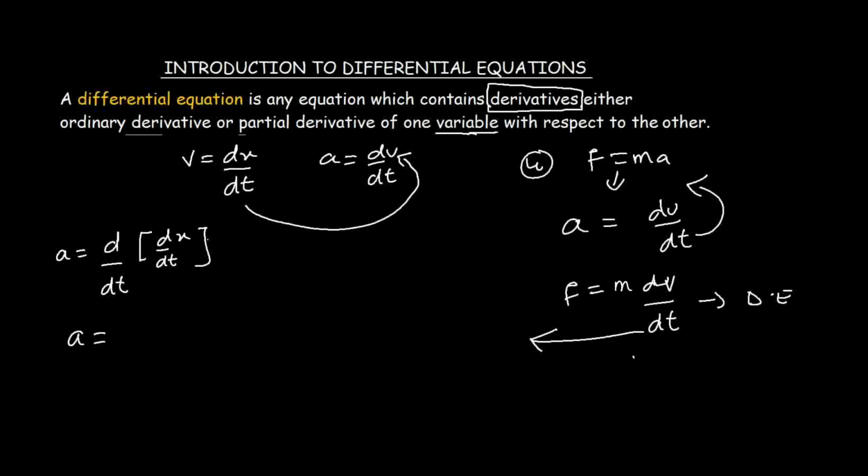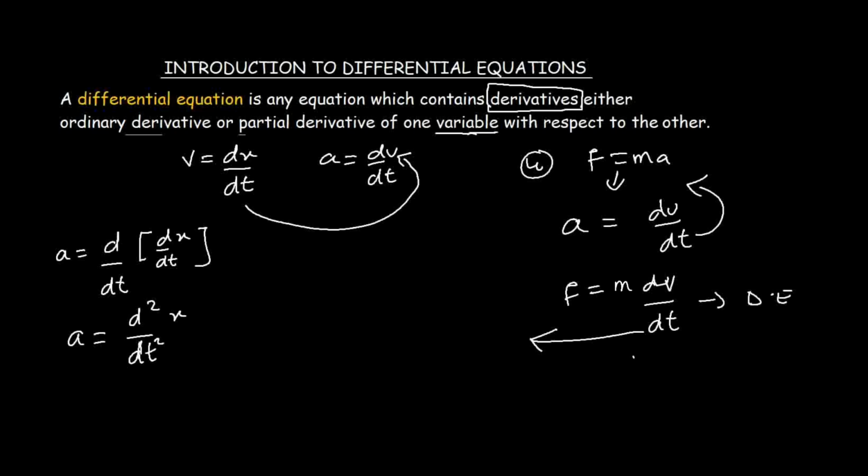Looking at the square bracket, you first take the derivative of x with respect to t, the first derivative. Then we take the derivative again, which gives us the second derivative of x. So you have a equal to d squared x over dt squared.